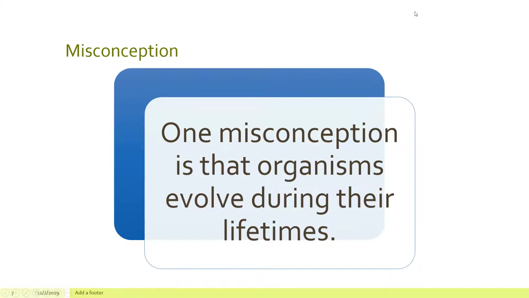And so therefore the traits that I had are not passed on to the next generation. I hope that makes sense and gives you a visual of how organisms can't evolve. Evolution goes after the organism, but the organism can't change. It can't evolve. It's the population over time that will shift and change.